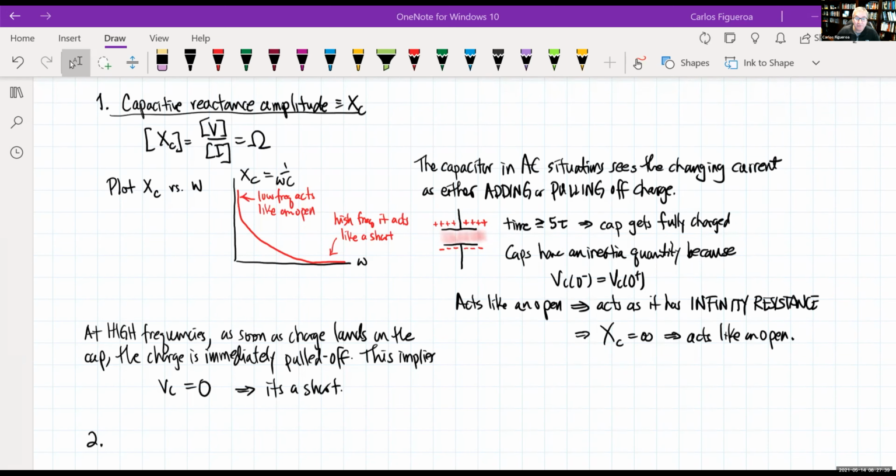So what I want to do here is that now I want to look at the phase. Okay, so what do I know about the phase? Well, what I know about the phase is this here.